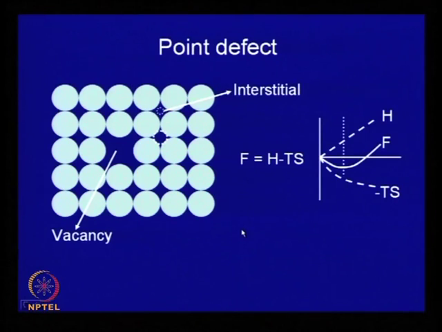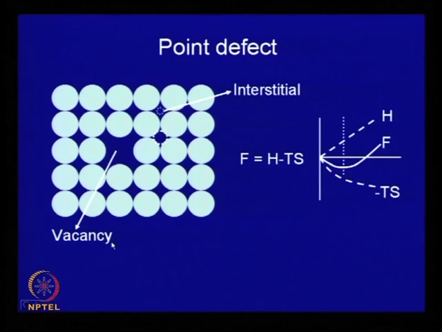Now, let us look at point defect. What is it? One of the common point defects is vacancy. A crystal is a periodic array of atoms, which is shown over here along this line, but often it so happens some of these atomic positions are not occupied by an atom, like here. This is a vacancy, this is a point defect.